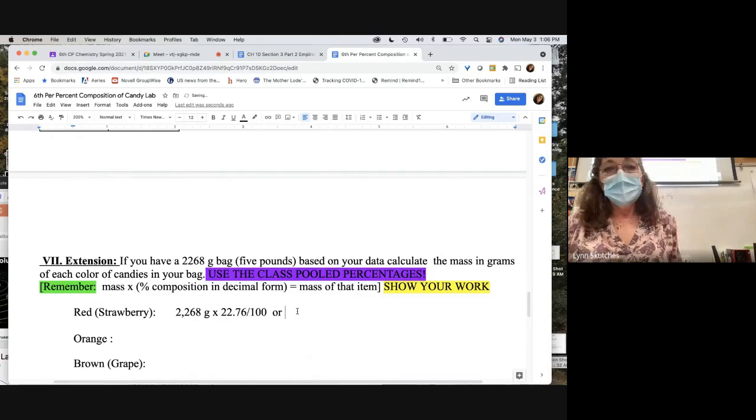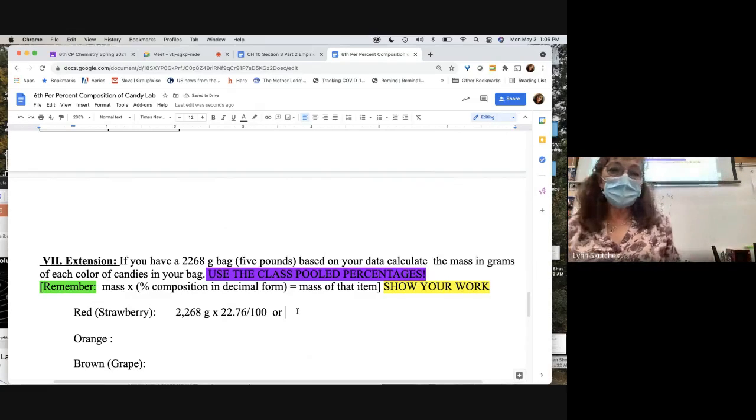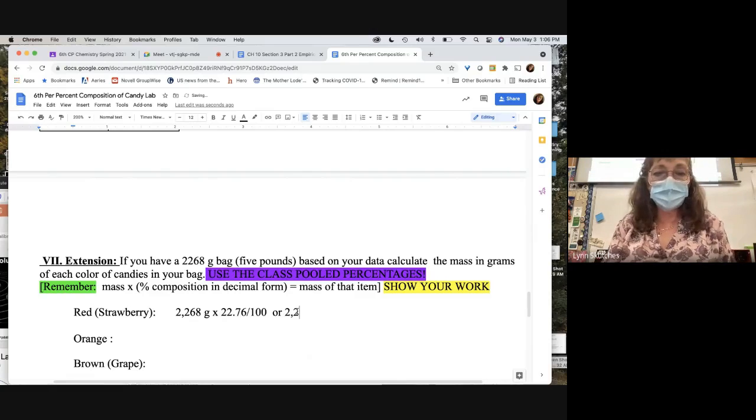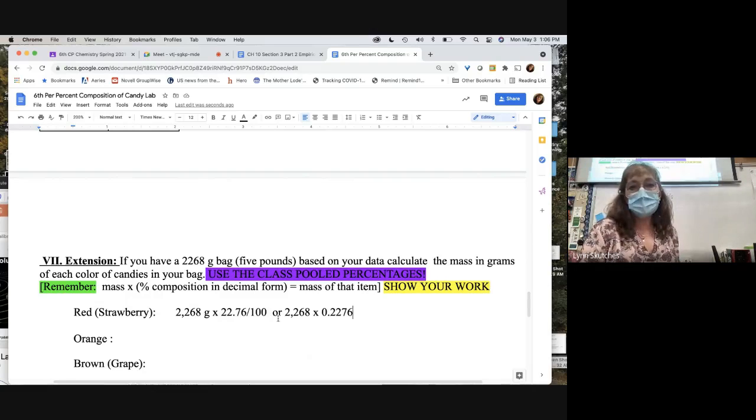Or smart people make the percent into a decimal, right? 2,268. And just multiply, because otherwise you have to multiply and divide. If you mentally move that decimal place, you can just multiply.